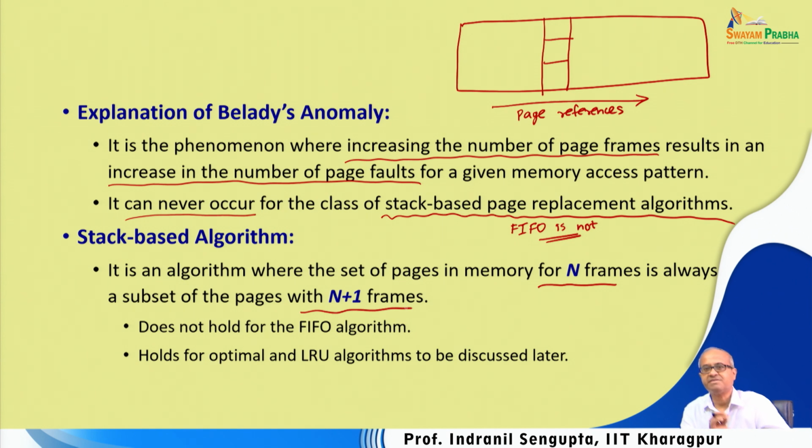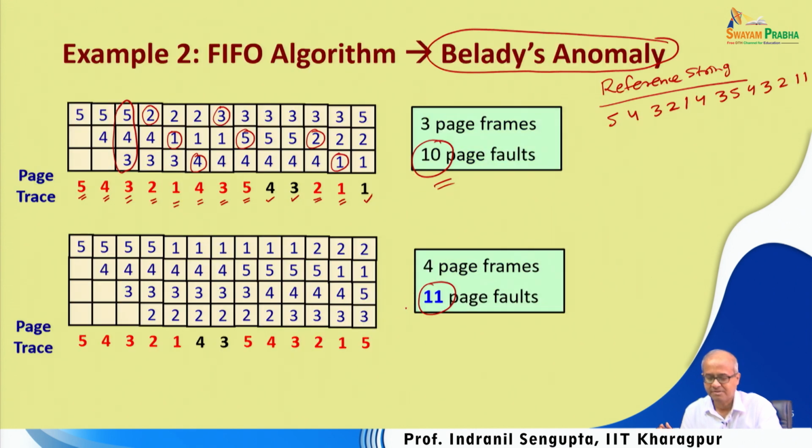If you increase, it will always be a subset, but if you look at the previous example, let me go back. If you look here, for certain cases we will find that it is not so. Here it is 3, 5, 4, here it is 1, 5, 4, 2.